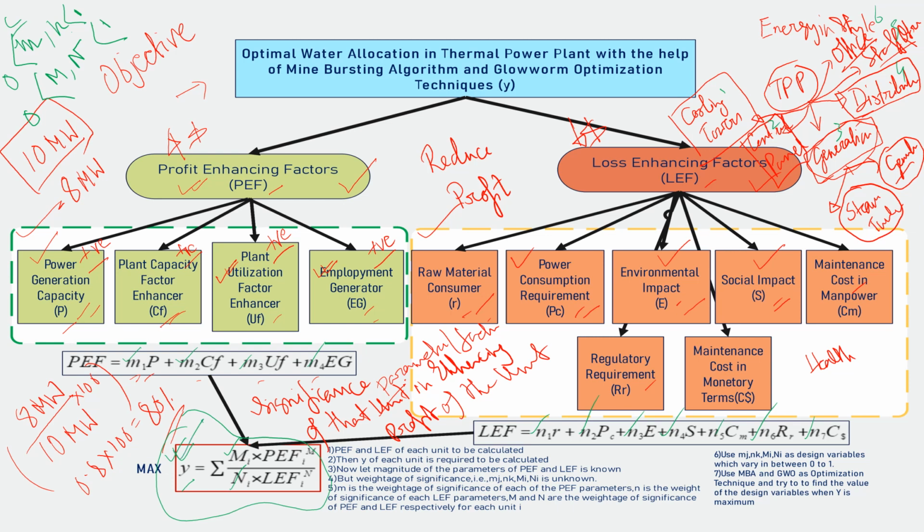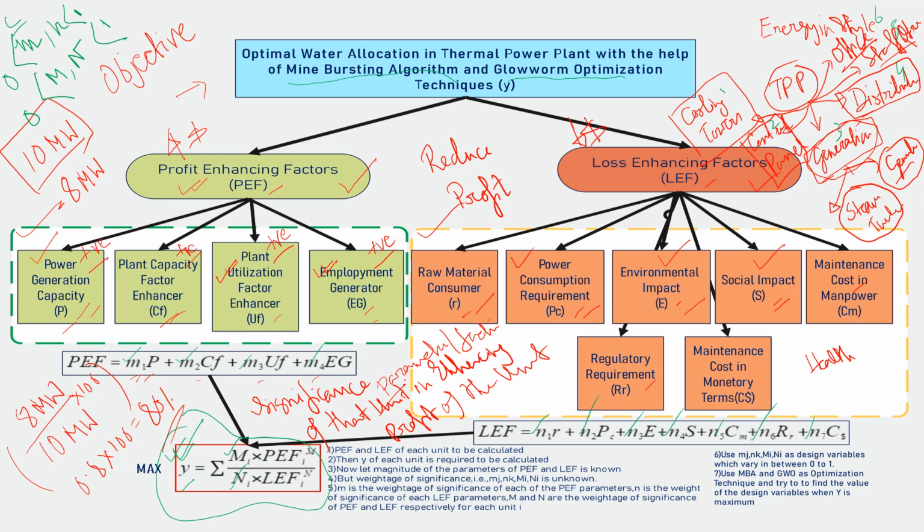The optimization technique, or the way I will change these m, n, big M and big N, is with the help of the mine blast algorithm and glowworm optimization techniques. Both of them generate new positions. These positions are nothing but the different values of m, n, big M, big N. Then we will enter them into the objective equation and compare with the previous version.